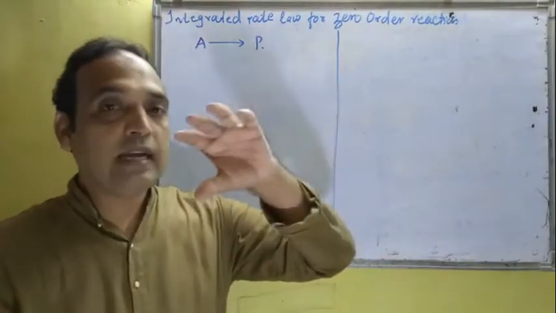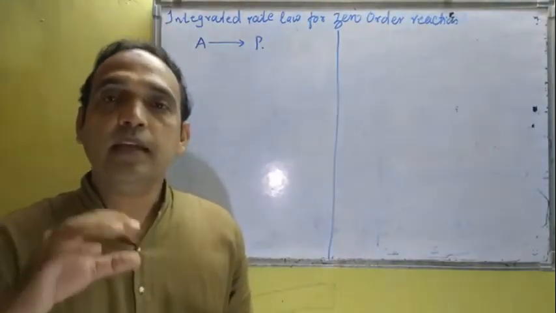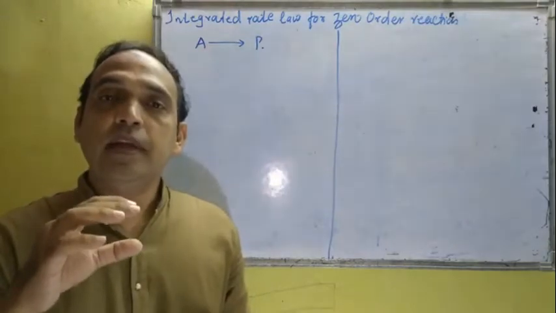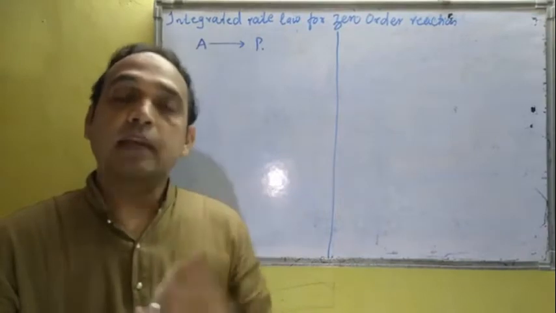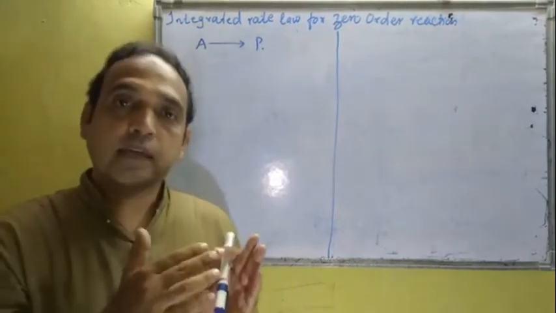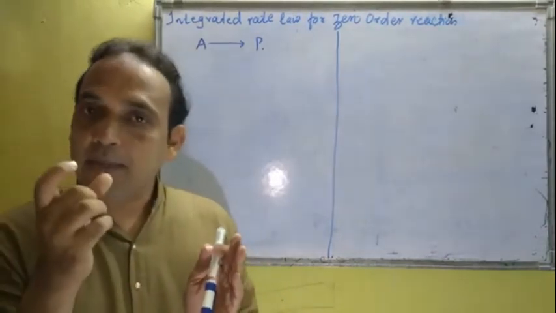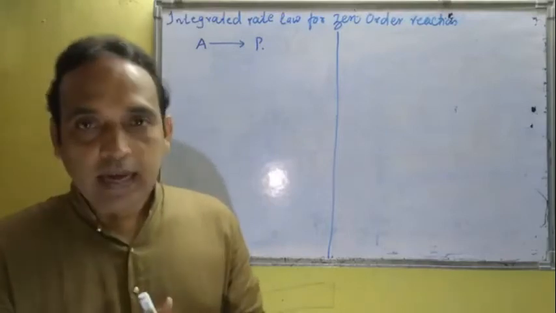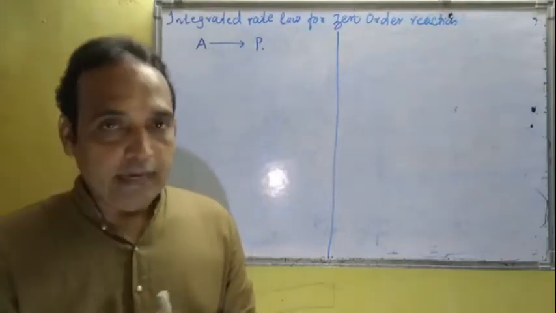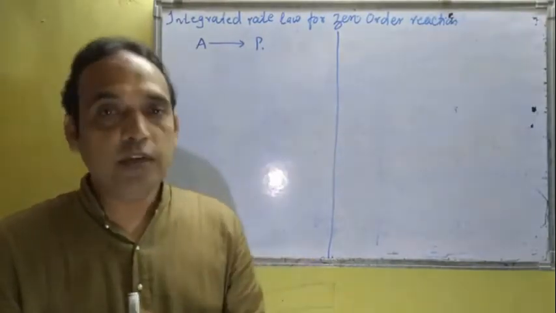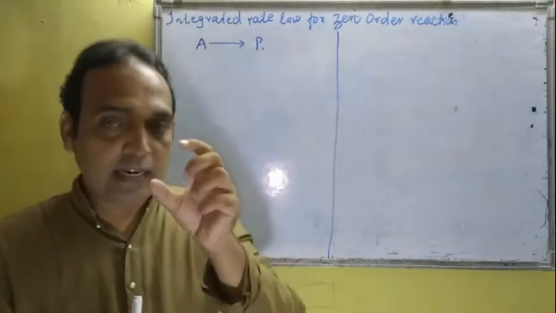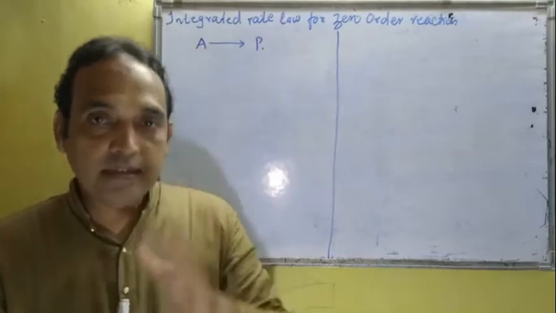We know what kinetics is. Kinetics means the rate, speed or velocity, or the time to complete the reaction. Reactant converts into product, the time required is called the kinetics or the rate. After that, two types of rate we have discussed. One is your average rate and the second one is your instantaneous rate.